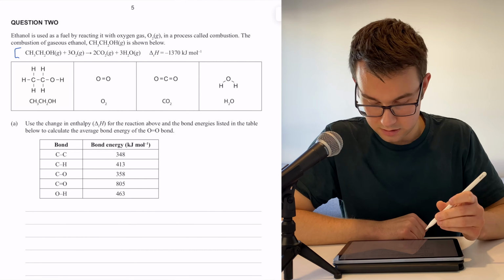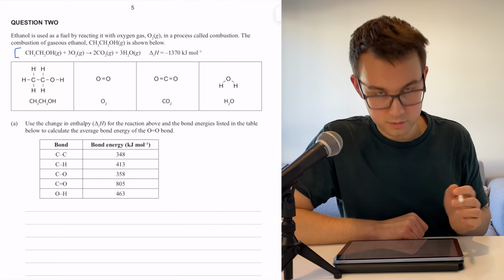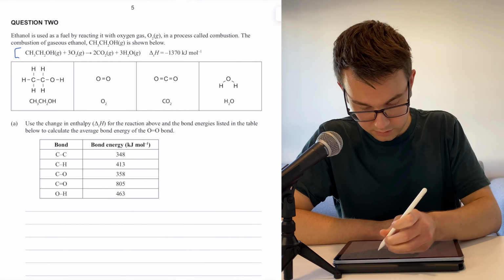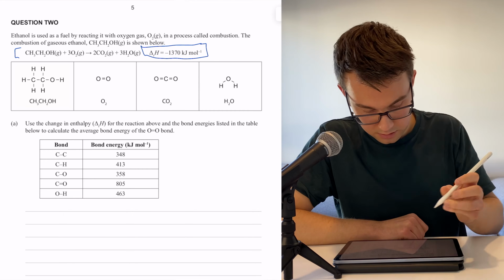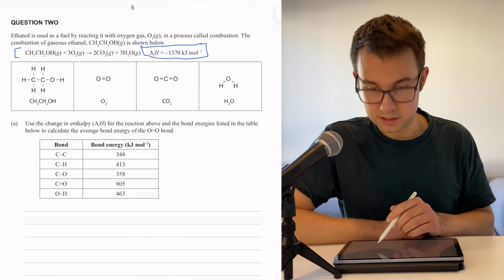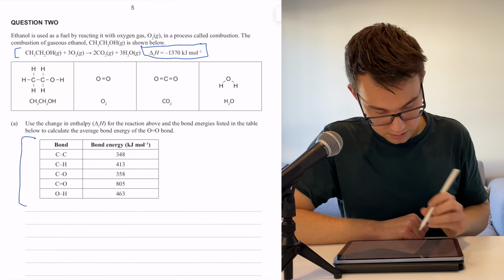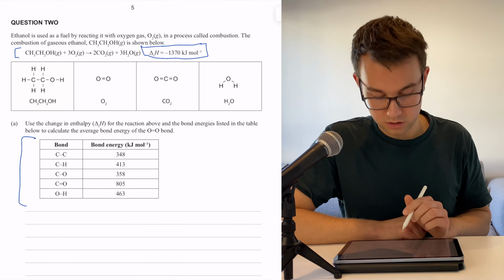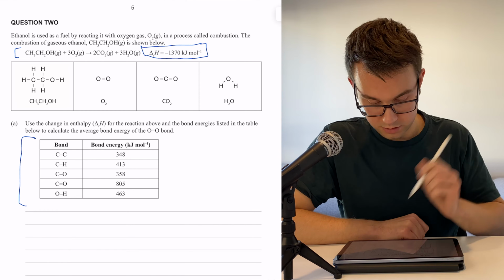So what do we want to actually do? We want to use the change in enthalpy, which we're given right here, for the reaction above, and the bond energies listed in this table here, to calculate the average bond energy of the O double bond O bond.